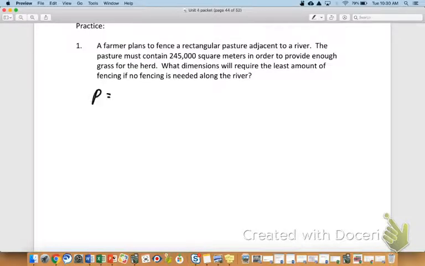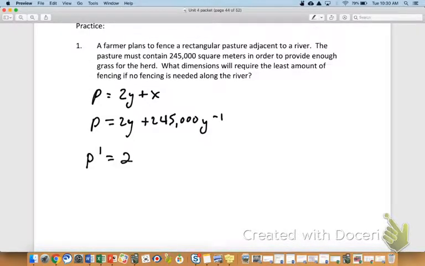I don't know why that just disappeared. Was it 2y plus x? And here we go. That's not right. It goes from negative.